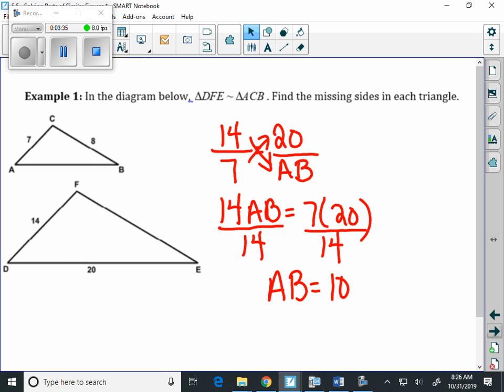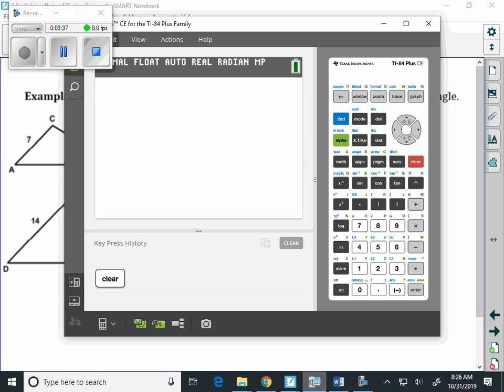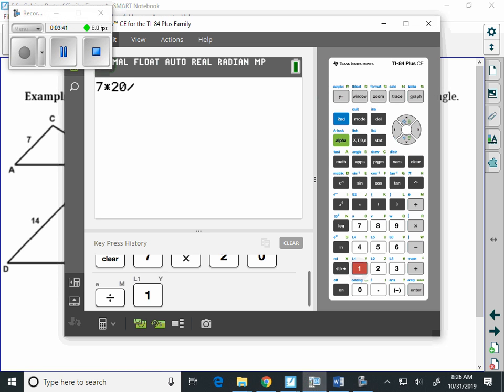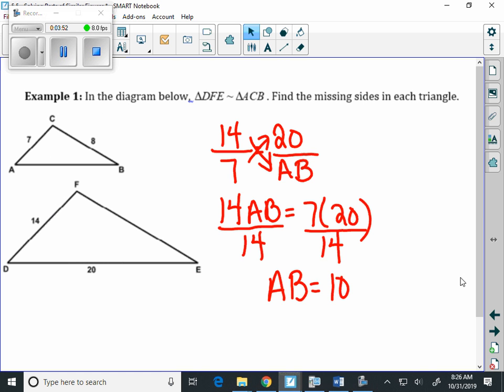But if you're not sure, you can do 7 times 20 divided by 14, and we get the 10. You don't even need a fraction button or anything on there to do that problem. So we know now that this length is 10, and we want to find one more side length.